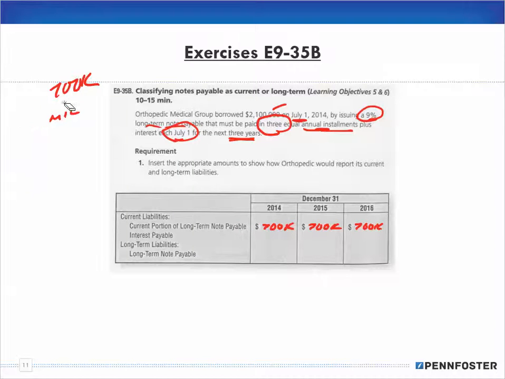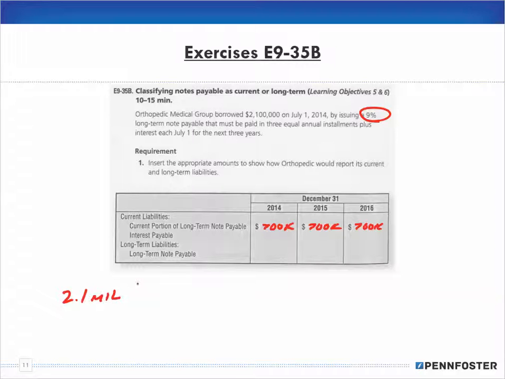Now, let me erase this. Then we're going to calculate the interest payable, and the interest is at 9%. In our first year, we have 2.1 million at 9%.